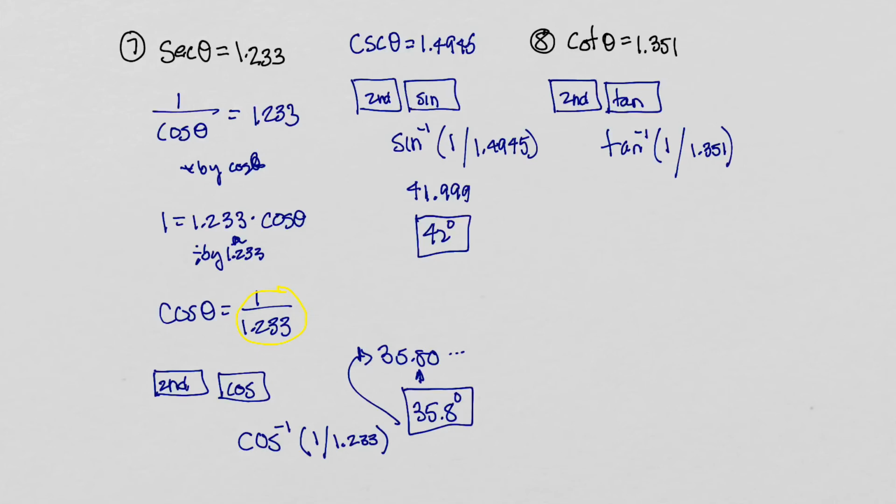And when I did that, I got 36.508 dot dot dot. So how about if we just say theta is 36.5 degrees?